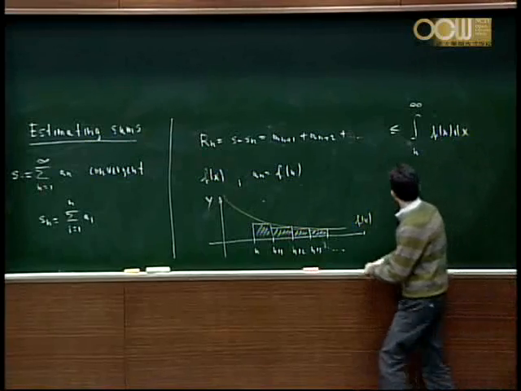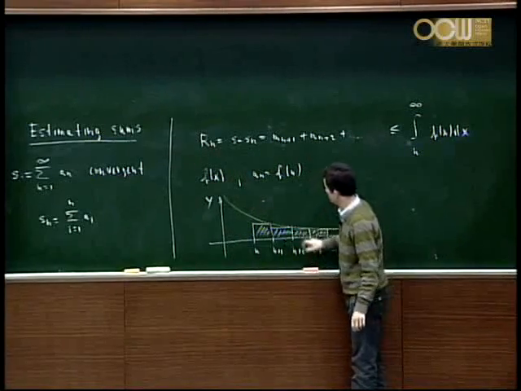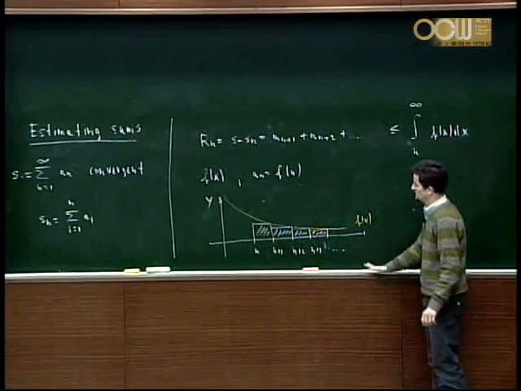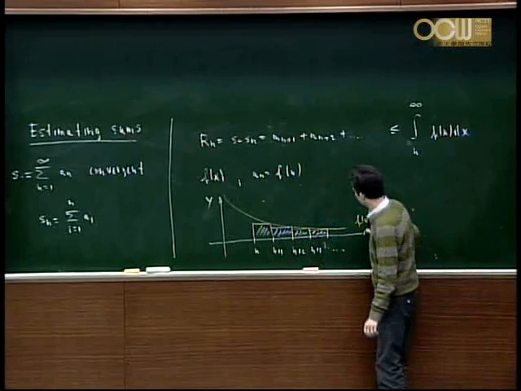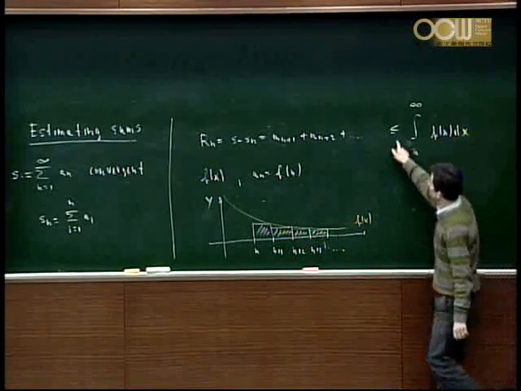You can approximate the area of the rectangles by the area below f of x and above the x-axis. So this is an upper bound.